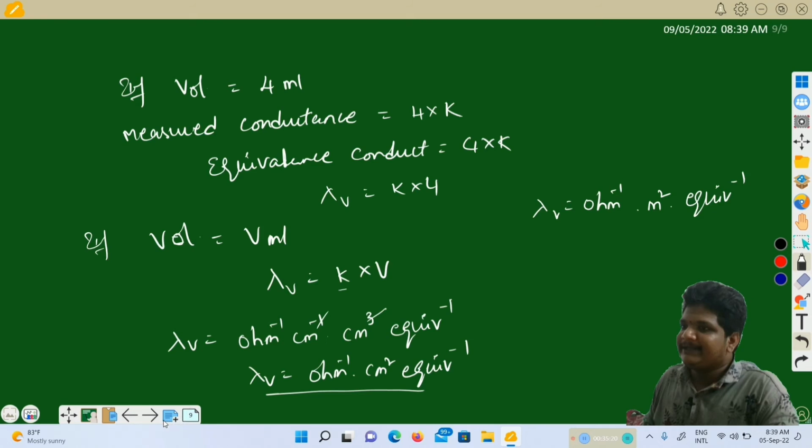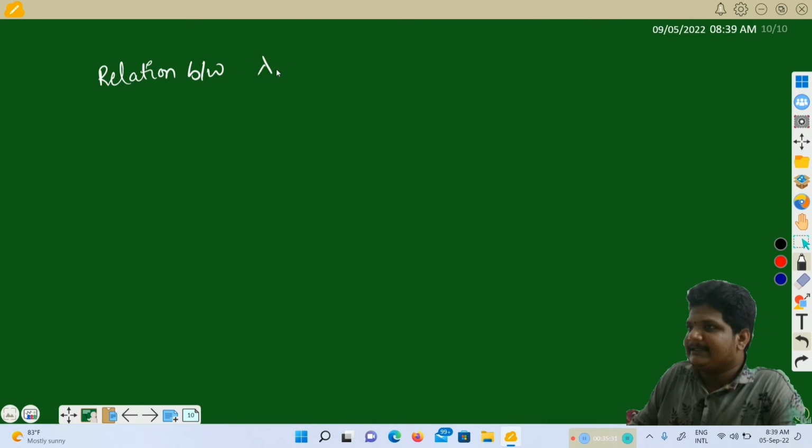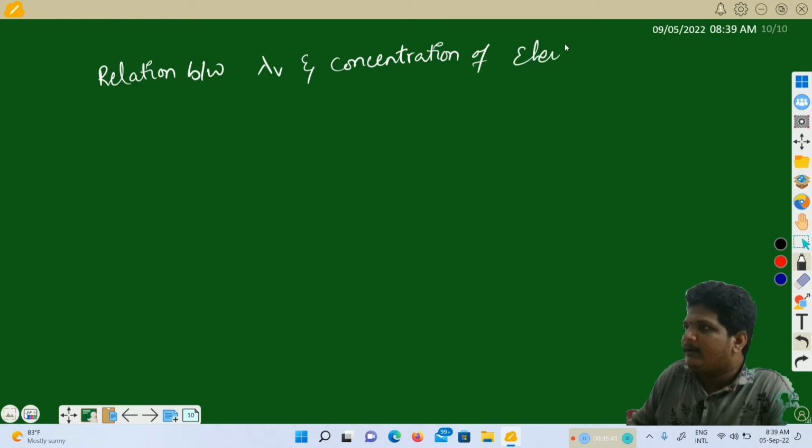Now let us derive the relation between the equivalent conductance, lambda V, and the concentration of the electrolyte solution.